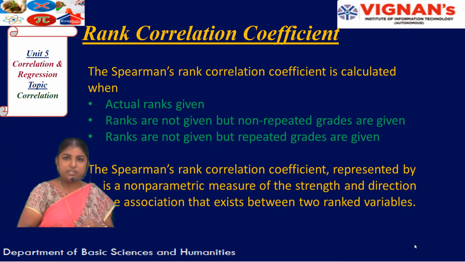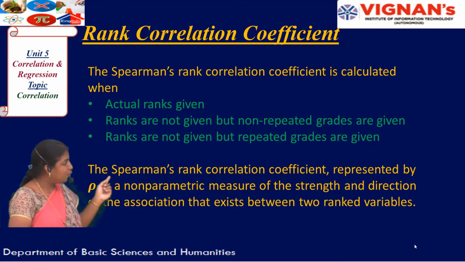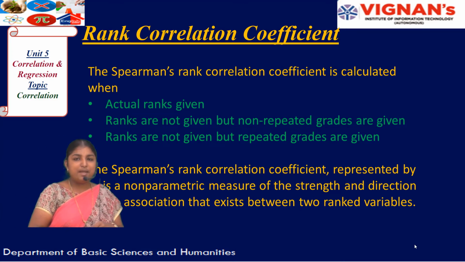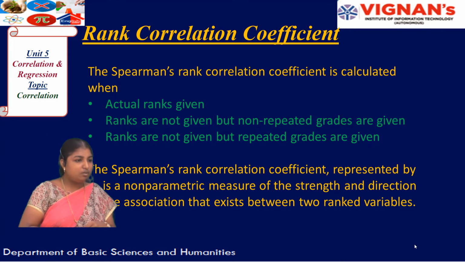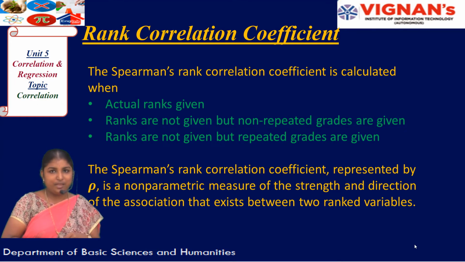Spearman's rank correlation coefficient is represented by rho and is a non-parametric measure of the strength and direction of the association that exists between two ranked variables.